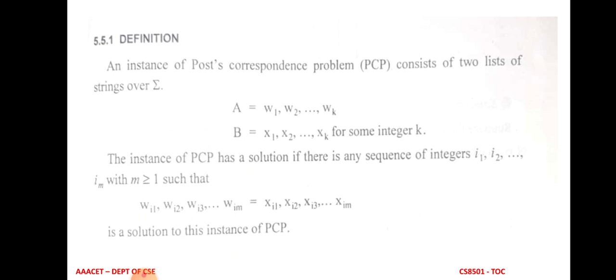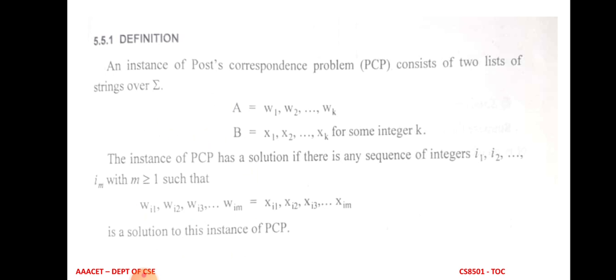W1 is one input string, W2 is another input string, and so on up to WK. The next list is capital B, a combination of x1, x2, up to xk. Here also x1 is one input string, x2 is another, and xk is the last input string. So we have two lists A and B which hold the input strings.